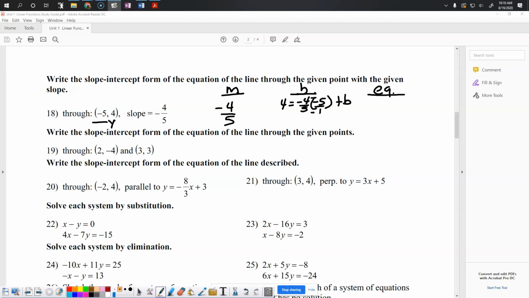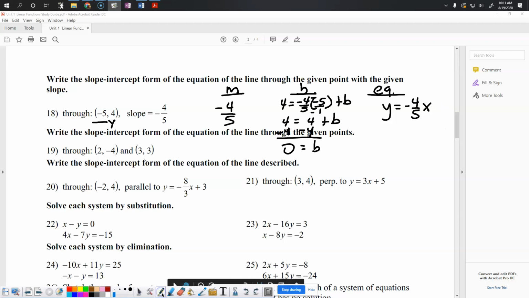And 20 over 5 just reduces to 4. Minus the 4 on both sides, and you get b equals 0. So our equation would look like this. Y equals my slope plus 0. Now, on the multiple choice test, they probably will not include the 0, just so you know, because if your y-intercept is 0, there's no point in writing it. So that would be our final answer.